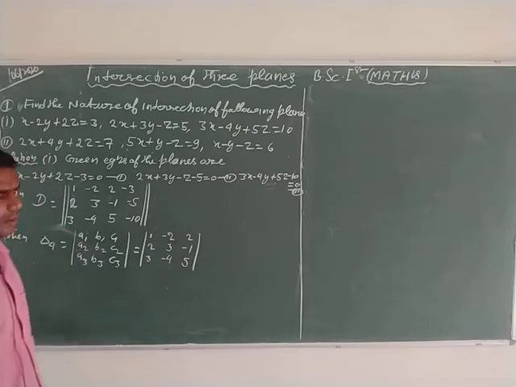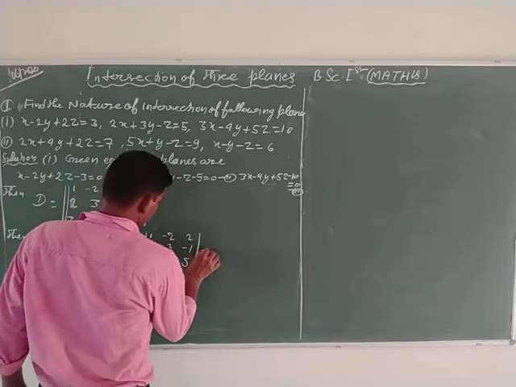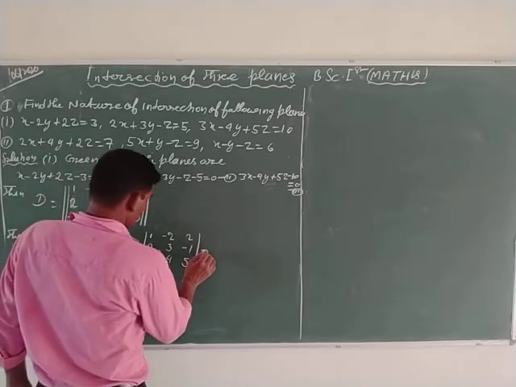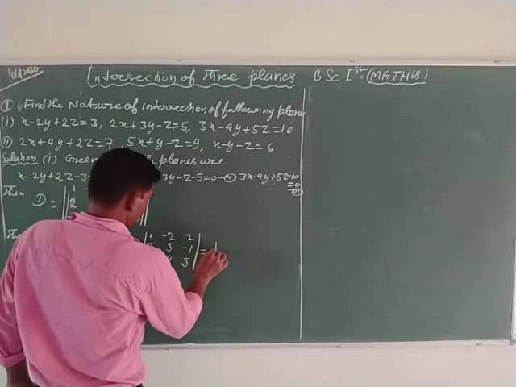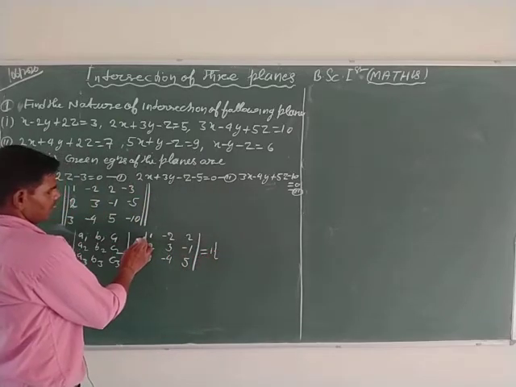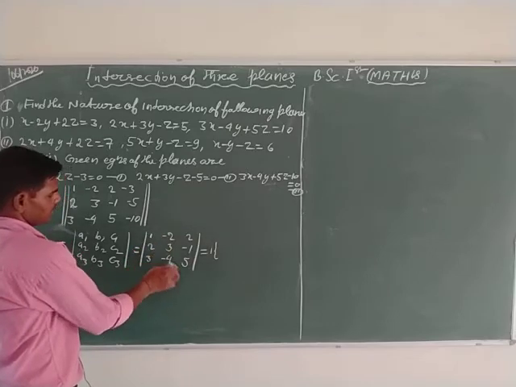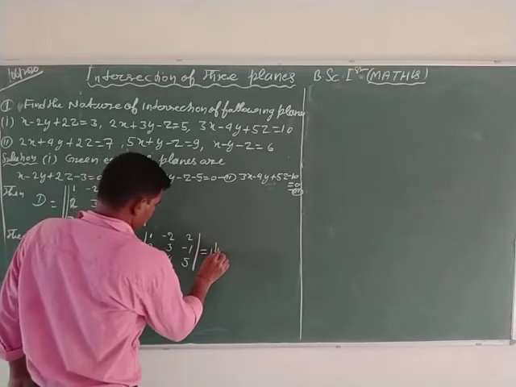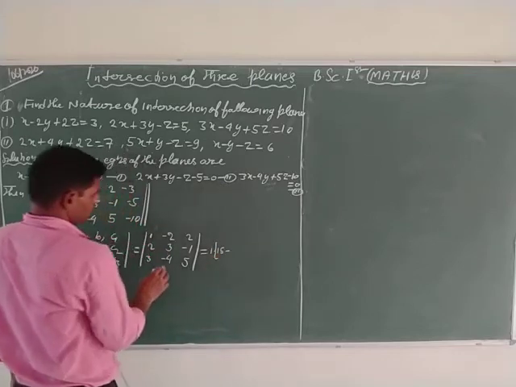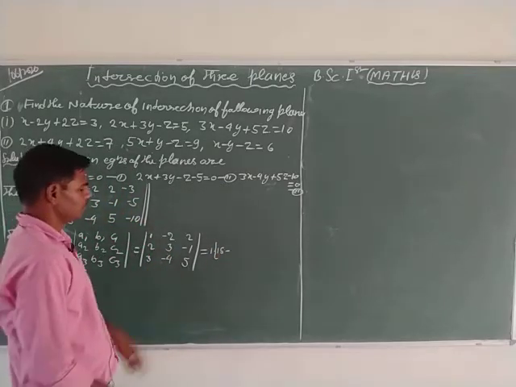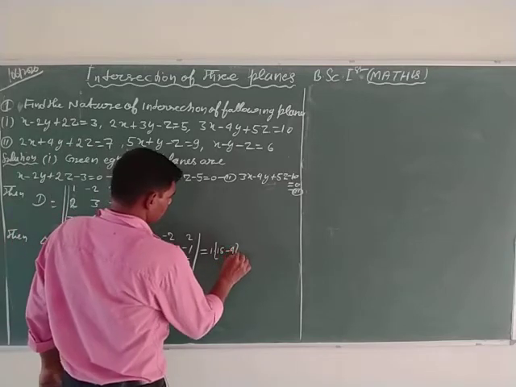So this is delta 4. Calculate the determinant of delta 4 by the rules of determinants. So it is equal to 1 times, in bracket, remove the first row and first column: 3 multiplied by 5 is equal to 15, minus, plus and again minus, so 1 and 4 is equal to 4.